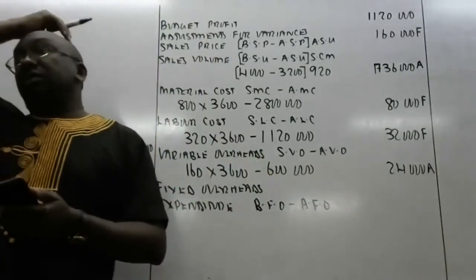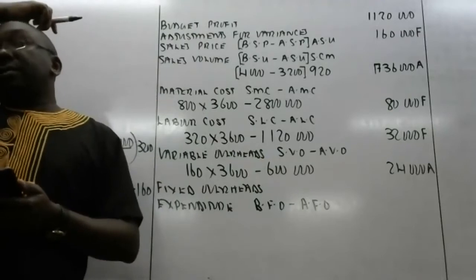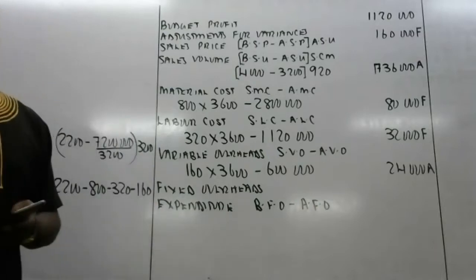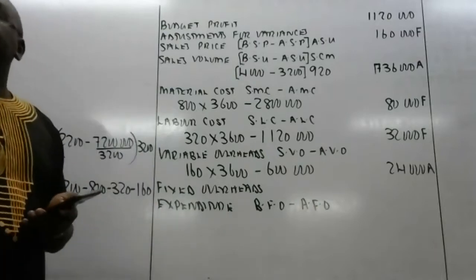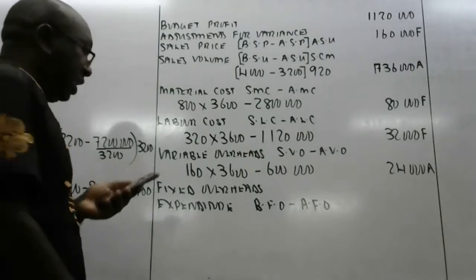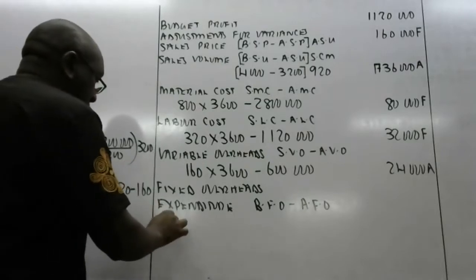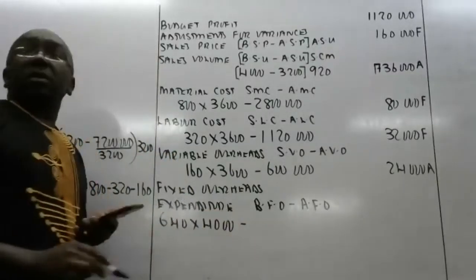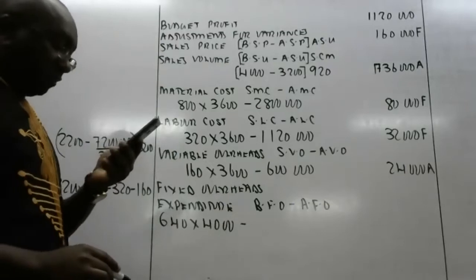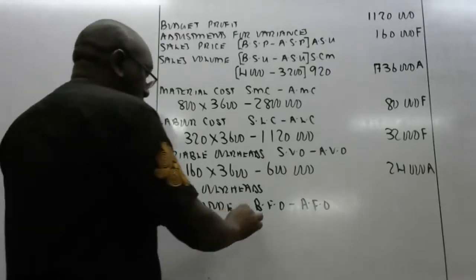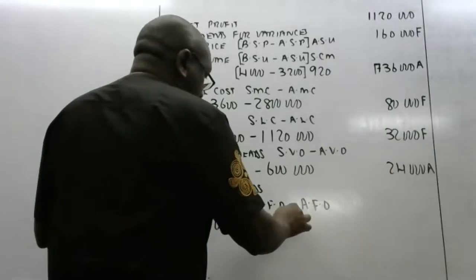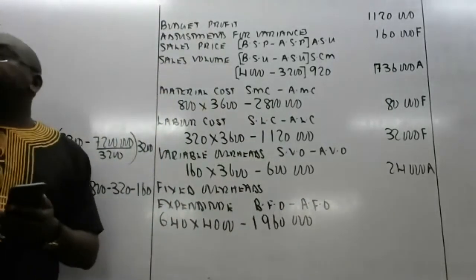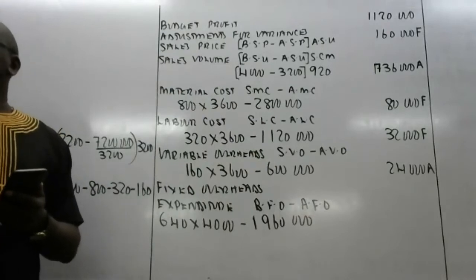The budget is just like what we argued the other day, that it is 640 times the 4,000 units that were budgeted. You minus the actual fixed overheads, which down below is 960,000.